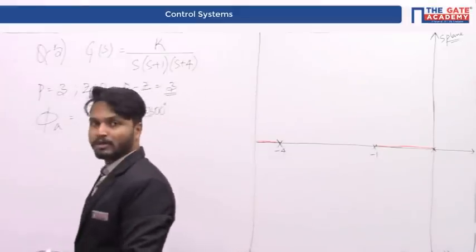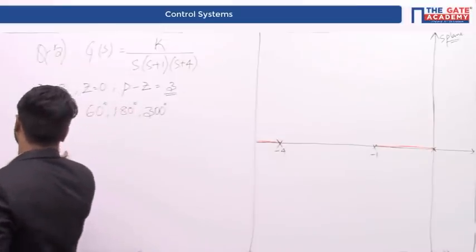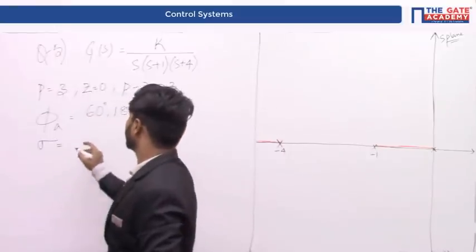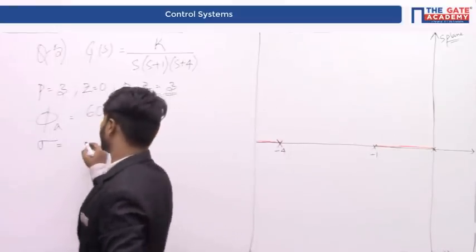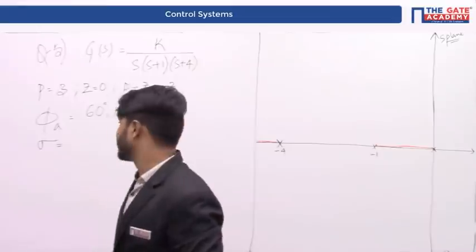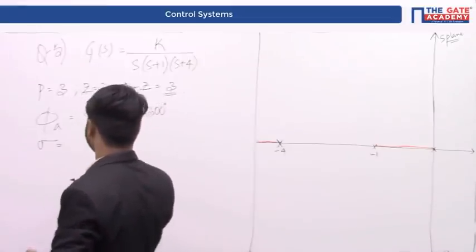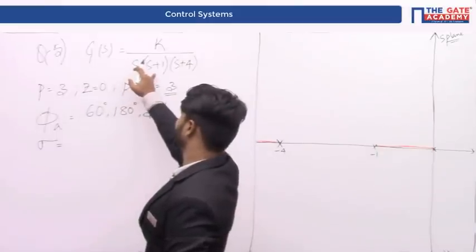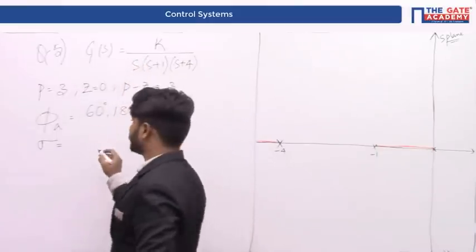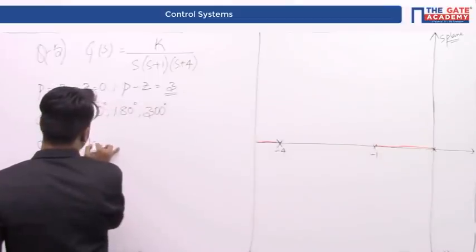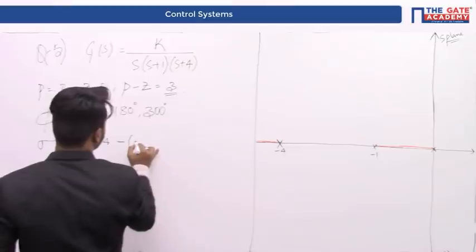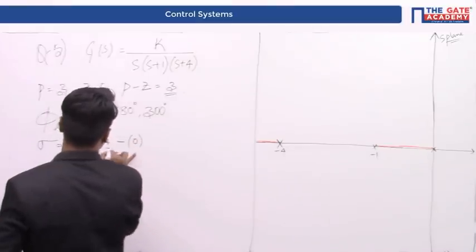So how to calculate the centroid? The centroid is the point of intersection of asymptotes. We can calculate that by the summation of poles minus the summation of zeros upon P minus Z. What are the poles? One pole at the origin, one pole at minus 1 and another pole at minus 4. Therefore, minus 1, minus 4, minus the zeros, which are nil, divided by P minus Z, that is 3.